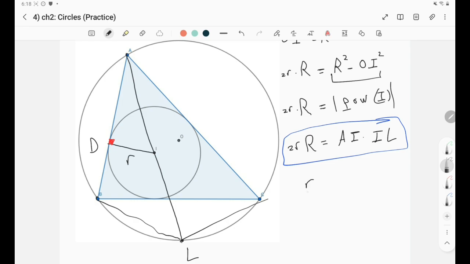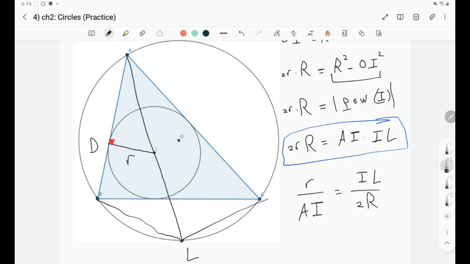So if you think about it like this, r over AI, you need to show it's equal to IL over 2R. So now we have small r over AI. So probably we should be looking at this right triangle. Maybe if we can show we have another triangle that is similar to it and that has IL and 2R as sides, then we'll be done.